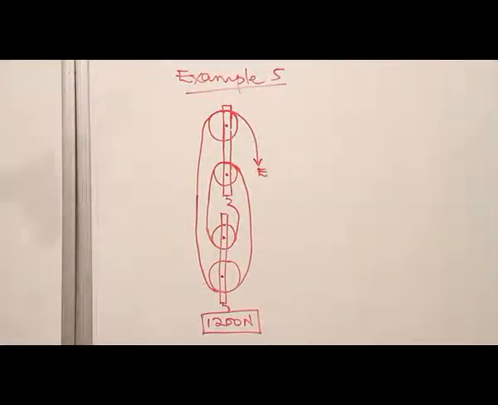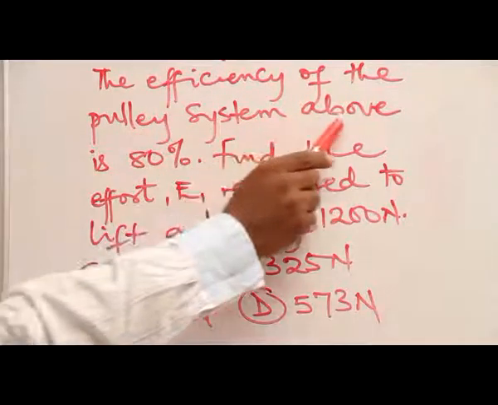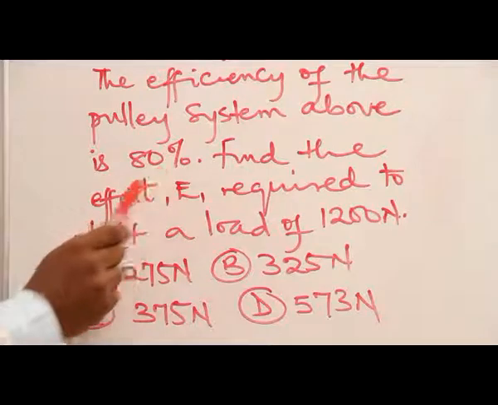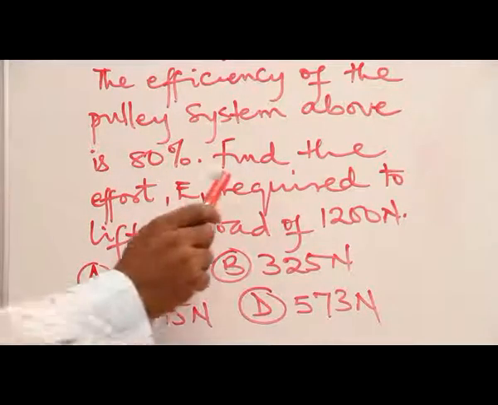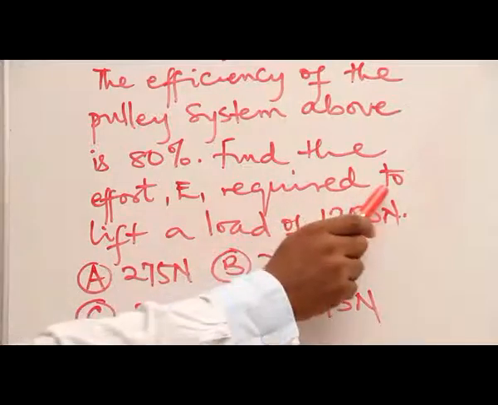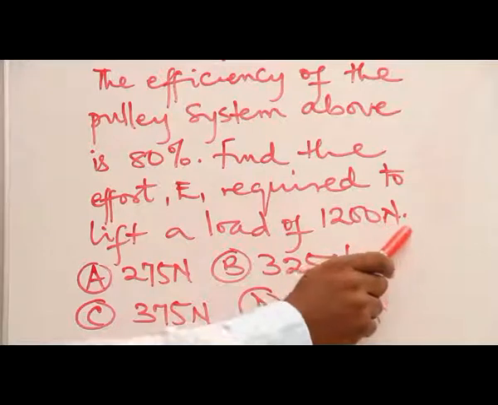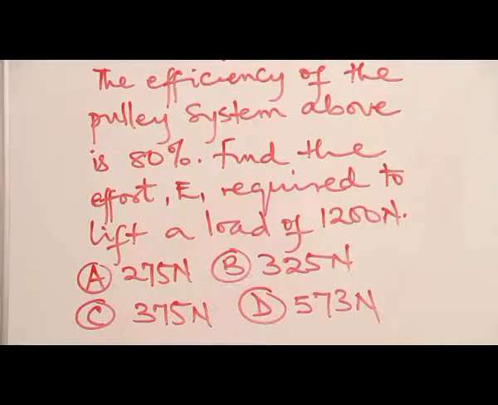Example 5. The efficiency of the pulley system above is 80%. Find the effort E required to lift a load of 1,200 Newton. Option A, 275 Newton.